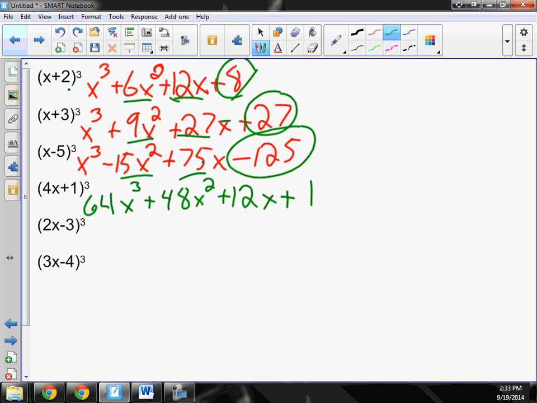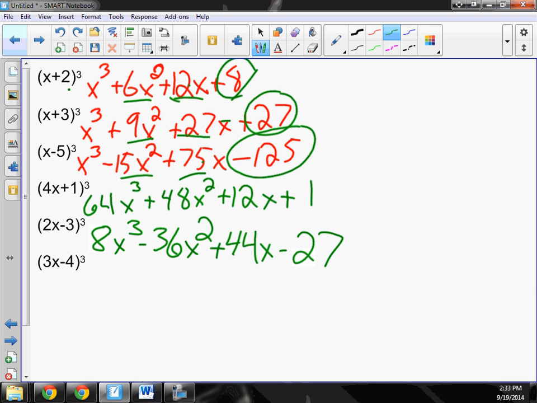So we actually have two things going on at the same time. One travels from left to right, and one travels from right to left. So on this one, it's going to be 8x to the third minus 36x squared plus 44x minus 27.